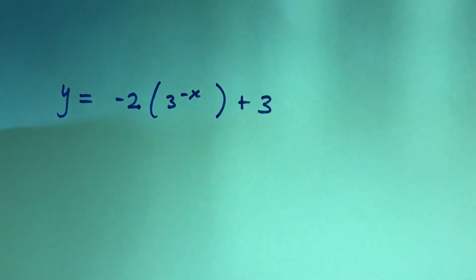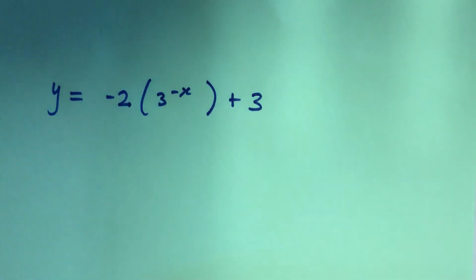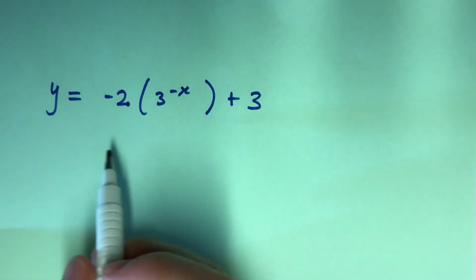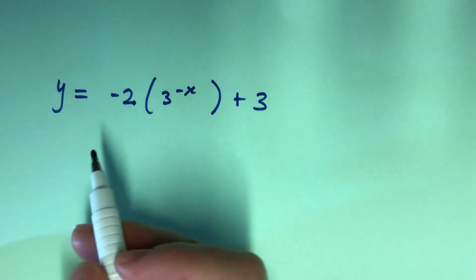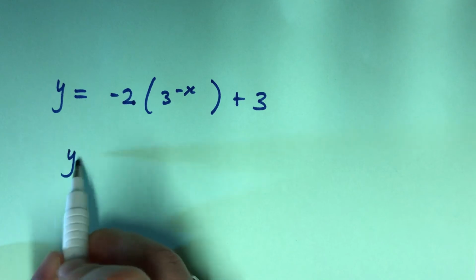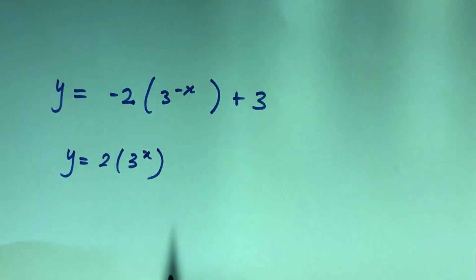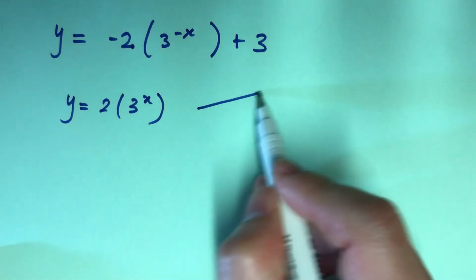So how do I sketch this in a different way, instead of finding an x-intercept and y-intercept? We'll still need an x-intercept, y-intercept and all that, but I'm going to use purely reflection. So I'm going to start with my original equation.